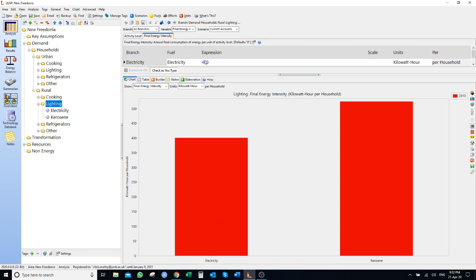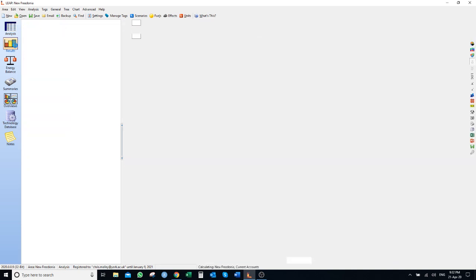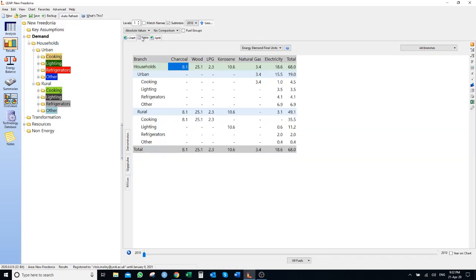So that's where I've made the mistake. I didn't change the energy consumption for electric lighting in rural areas compared to urban areas. Now if I click on results and go back to my table, I get the same total energy consumption, 68 million gigajoules. Okay.